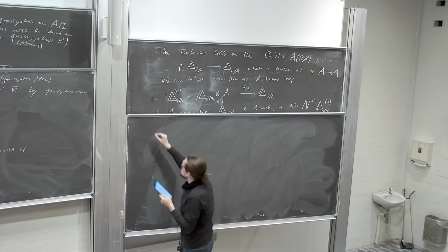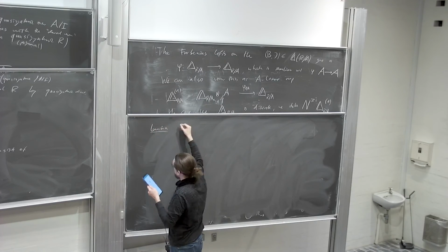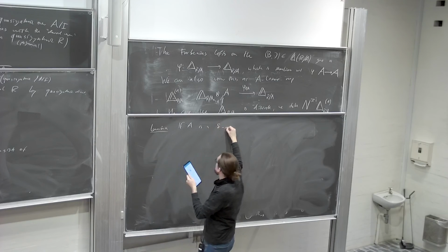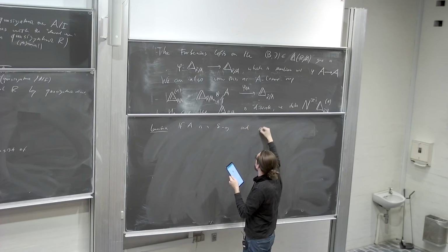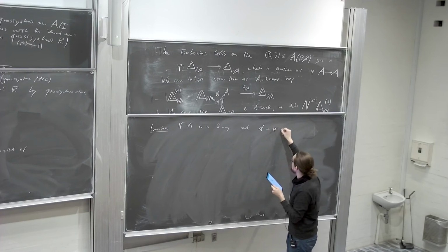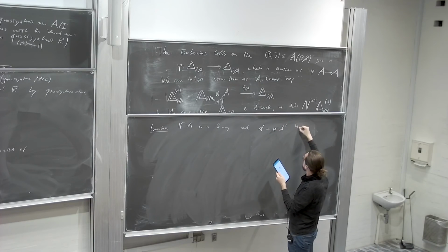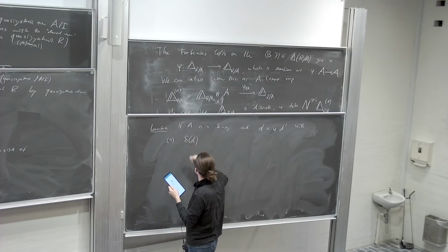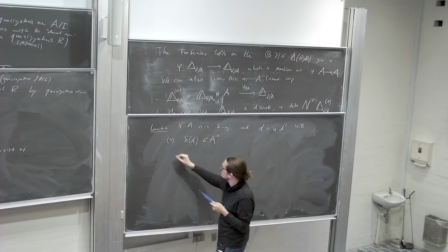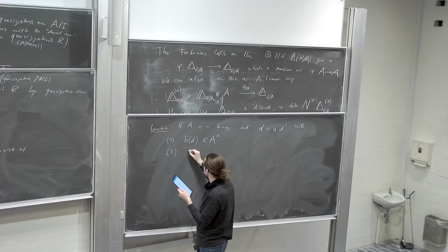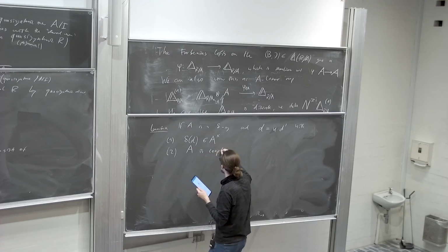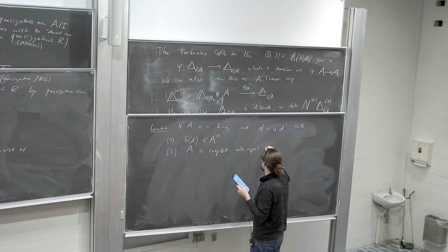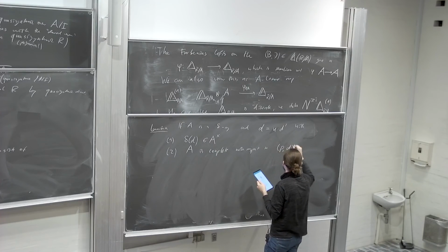And here's a lemma: if A is a delta ring and we have elements d, u, and d prime with two conditions. The first condition is that delta of d is a unit. And the second condition is that A is complete with respect to p and d prime.